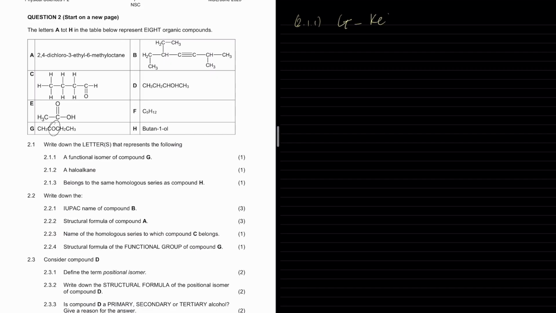So G is a ketone. A functional isomer of a ketone is an aldehyde. So we are looking for an aldehyde. So we go through our options, and I noticed a CHO, like so. So C is an aldehyde.